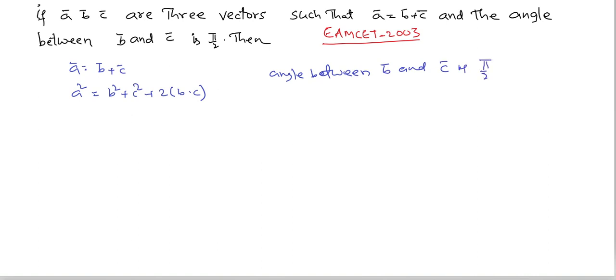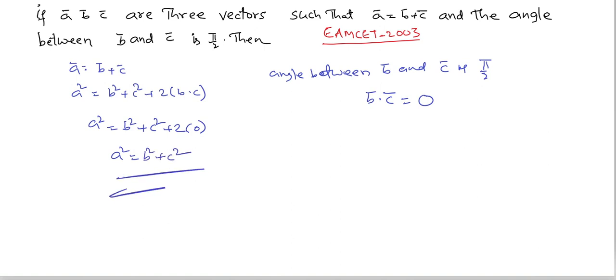That means they are perpendicular vectors, that is b bar dot c bar is equal to 0. That means substituting this value, a square is equal to b square plus c square plus 2 into 0, that is a square is equal to b square plus c square.